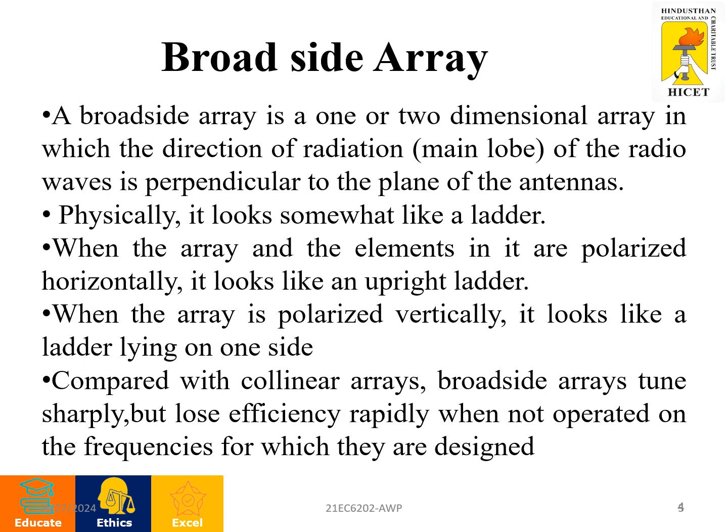When the array and the elements in it are polarized horizontally, it looks like an upright ladder. When the array is polarized vertically, it looks like a ladder lying on one side. Compared with collinear arrays, broadside arrays tune sharply but lose efficiency rapidly when not operated on the frequencies for which they are designed.